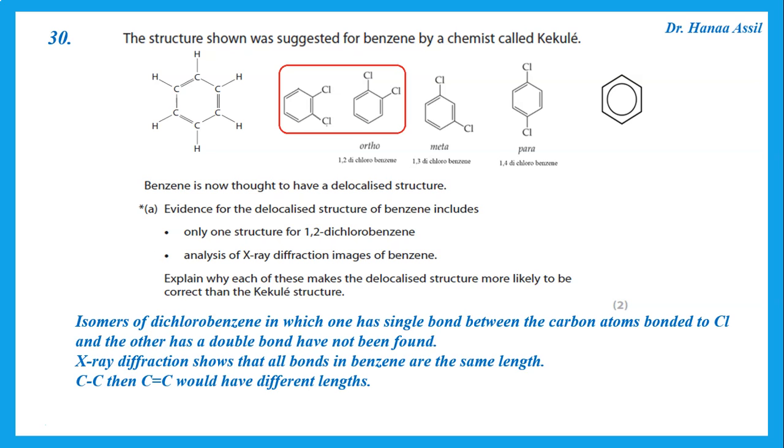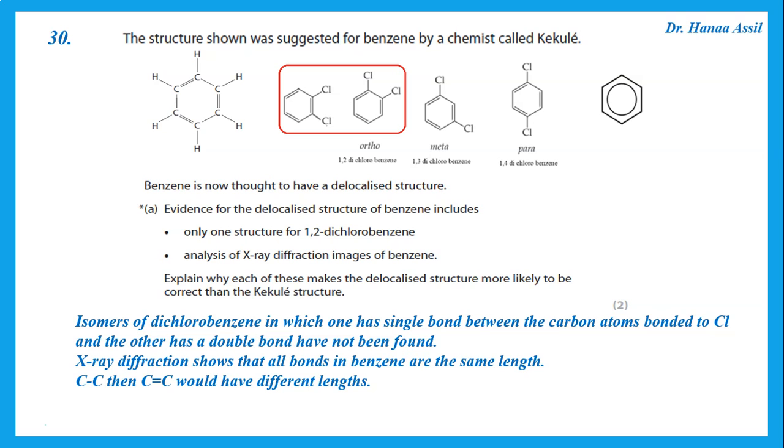So, if we're looking at the isomers of dichlorobenzene, the isomers in which one has single bonds between the carbon atoms bonded to chlorine and the other has a double bond, this has not been found. So we don't have these 2 options of 1,2-dichloro. It's just one of them.